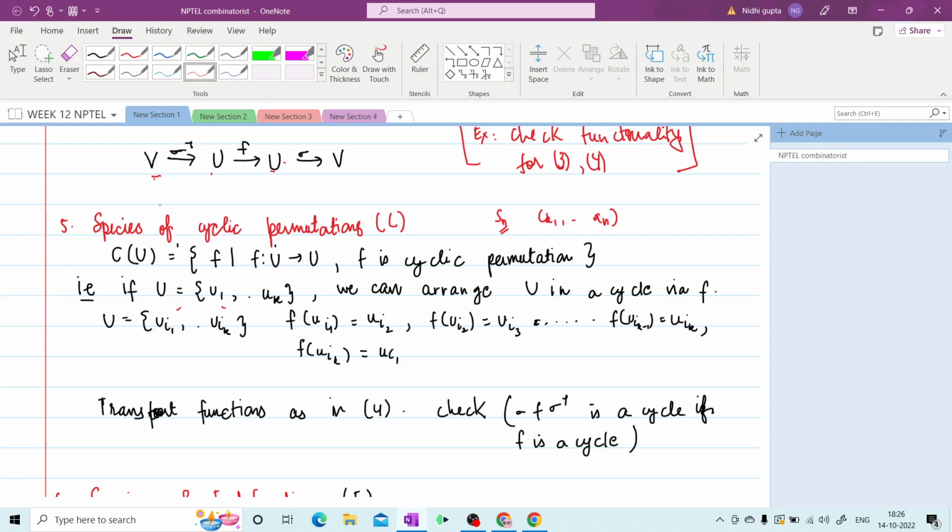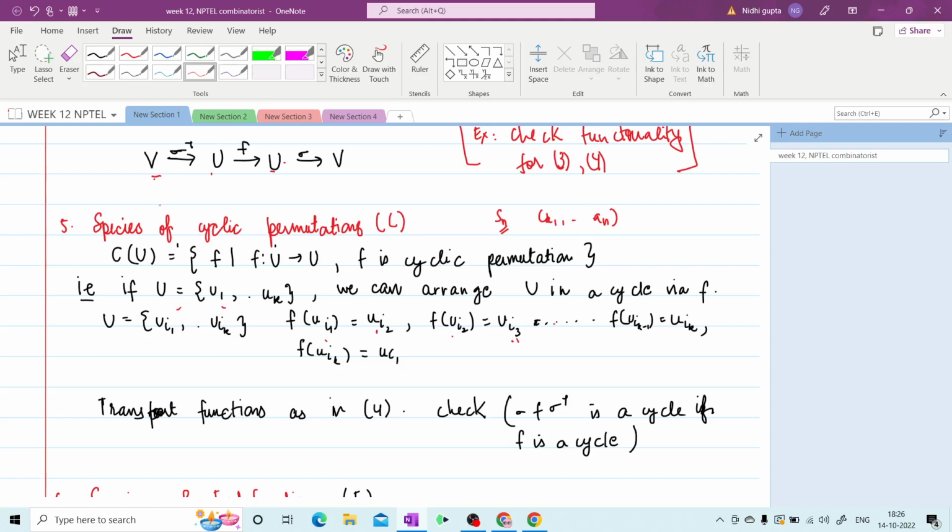That is, we could pick any element, say I pick some U2. Then it forms a cycle, so I should be getting a different image. That is, Ui1 goes to Ui2. This Ui2 goes to Ui3, which is different from Ui1 and Ui2. Now this Ui3 goes to some Ui4, which is different from Ui1, Ui2, Ui3.